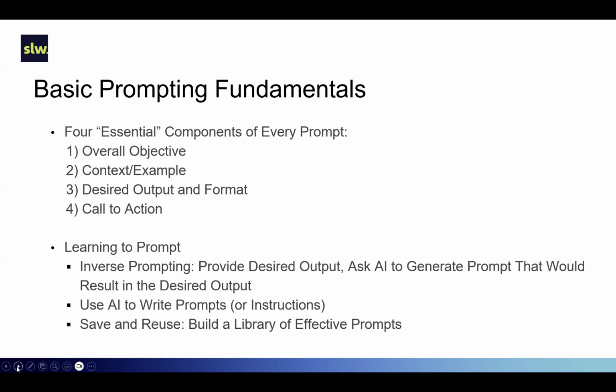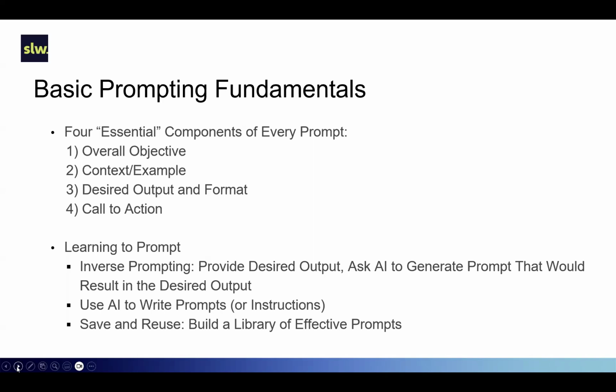So for anybody who might be a beginner out there, there are a variety of prompt engineering guides available. And from what I have seen, you can think of the basics of a prompt as including four specific components.